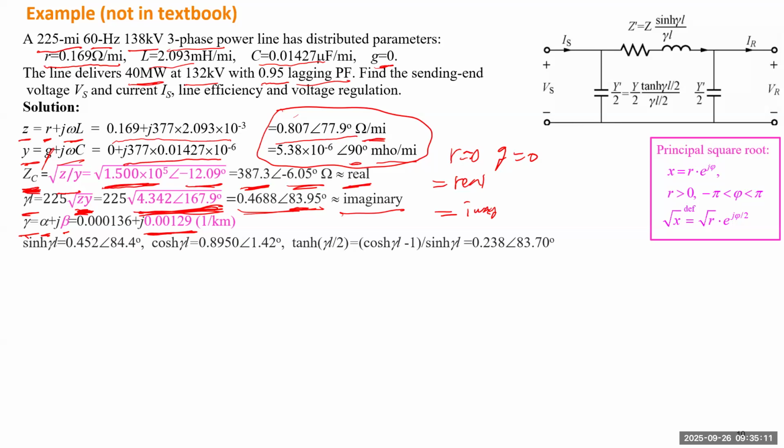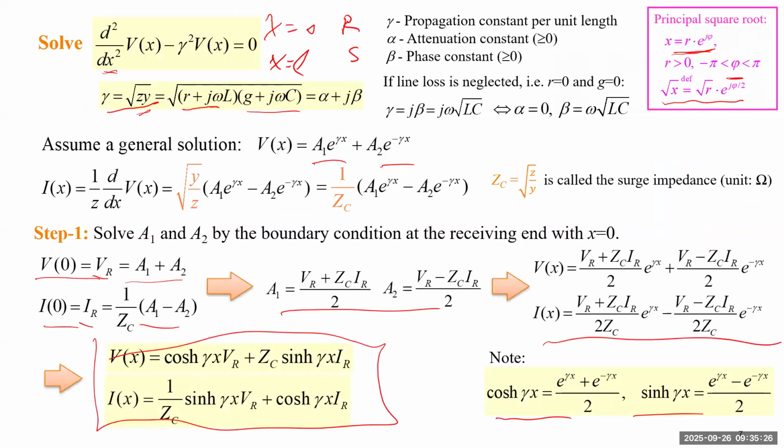Okay, so next we can calculate the three hyperbolic functions. You can use the definition of the hyperbolic function, using the exponential function definition. You can use those two formulas to calculate the cosh function and sinh function.